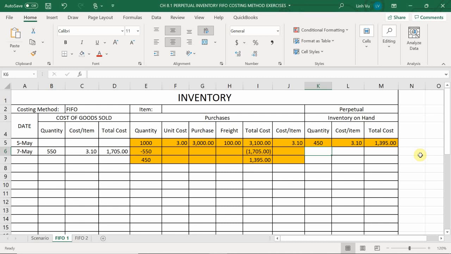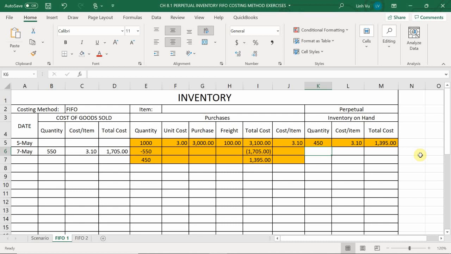So one question: how do you write that? Because at the beginning you write the inventory on hand as 1,000. You just write on the purchase that you sold 550 and you have 450 remaining. Is that how you write it? Because to calculate everything, you cannot erase the 1,000 and put 450 just like that. Not in the purchases, no, but on your inventory on hand, absolutely.